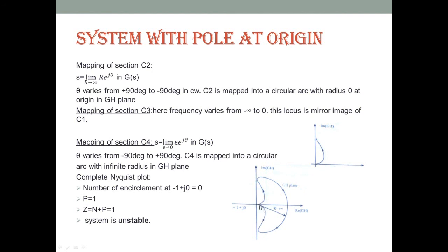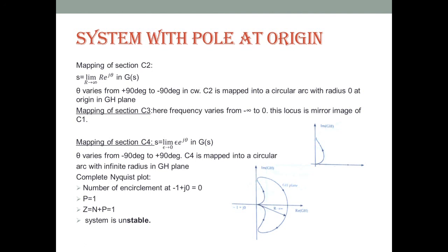Section 2 has been mapped into the origin, this one is section 3, the mirror image of section 1, and finally this one is the section 4 mapping. So here also there is no encirclement of the minus 1 plus j0 point. So the number of encirclements N is equal to 0.